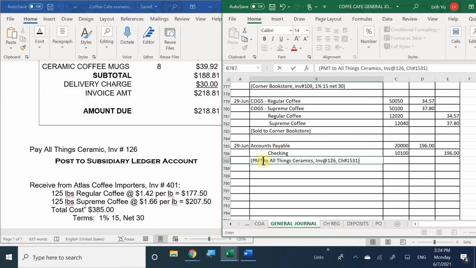Right, no discount because we didn't pay within the 10 days. We're paying before the due date because we're running out of time. So in this case, we don't get a discount. So there we have it. We have the check number. So now, yes, we can now go to the ledger.